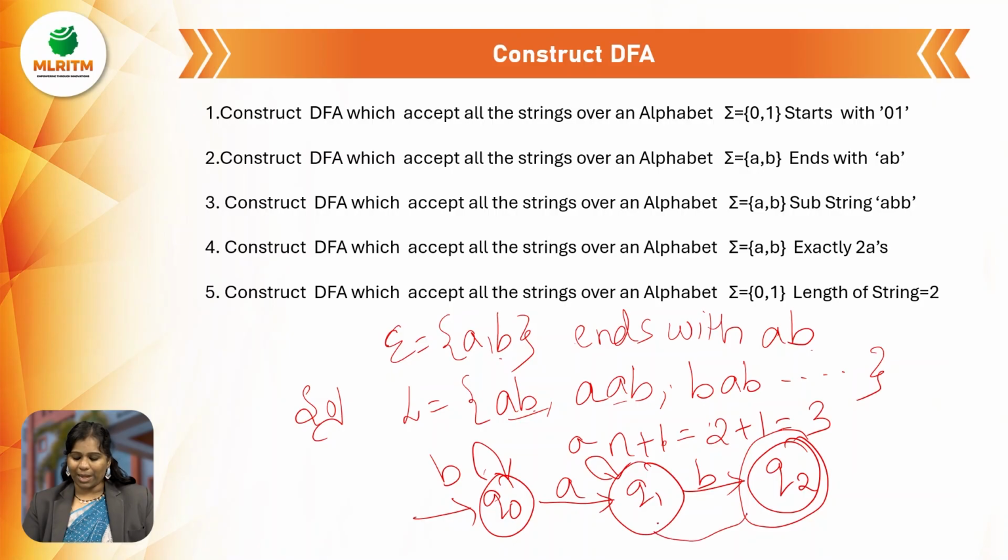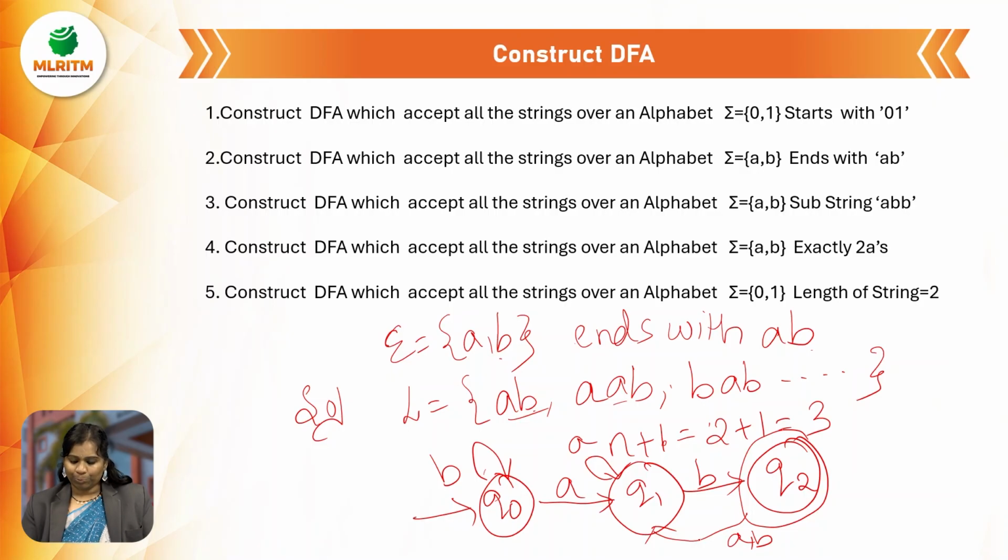So the backtracking: I am sending A to the Q1, sending back the input symbol to another state, that is backtracking A. Next, A, B we can send to the Q1.